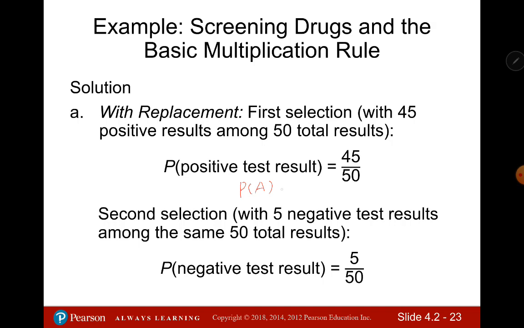So the probability of positive result is 45 over 50. So this is event A. This is event B, negative result. So 5 out of 50 people got a negative result. So this is event B.